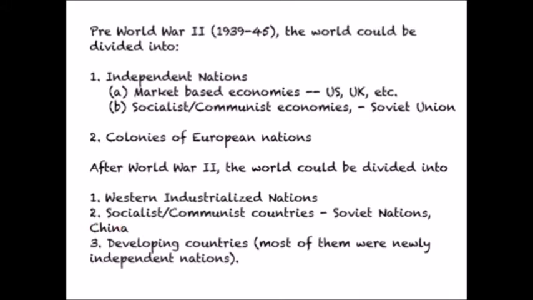And the third group was essentially the former colonies of European nations, which became independent nations. When they became independent, these countries were extremely poor. And since they wanted to develop, they were called developing countries.